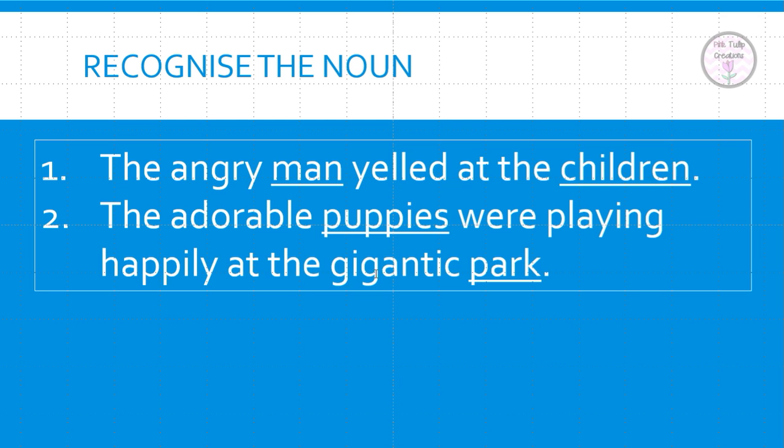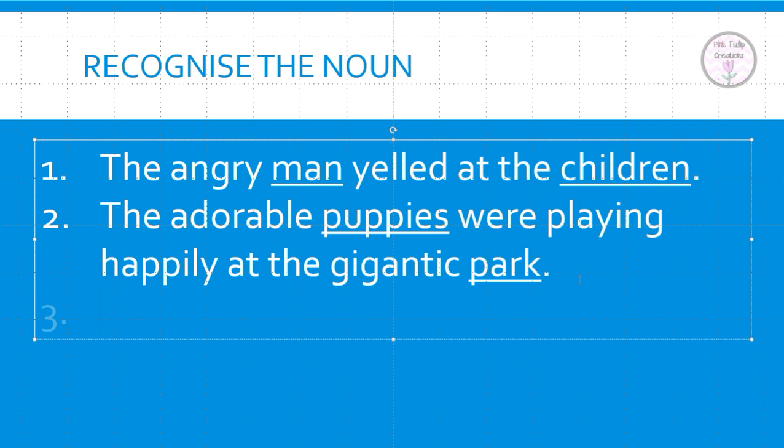And gigantic is just another word to describe the park. Okay? So that's our other noun there. And there's two nouns in that sentence, and I think that's all. We'll just have a double check. The adorable puppies were playing happily at the gigantic park. Perfect. Alright, let's try one more just to make sure you guys have got the hang of this.